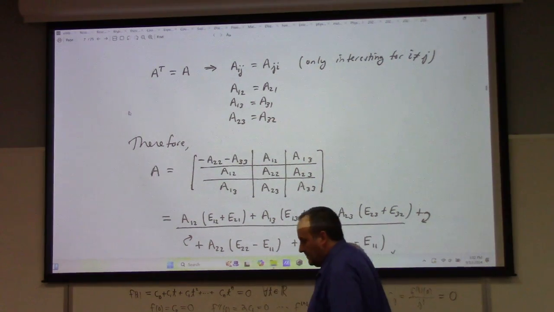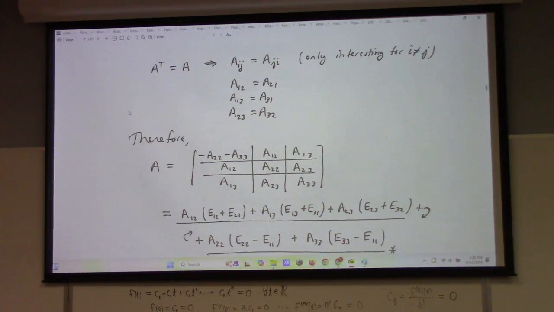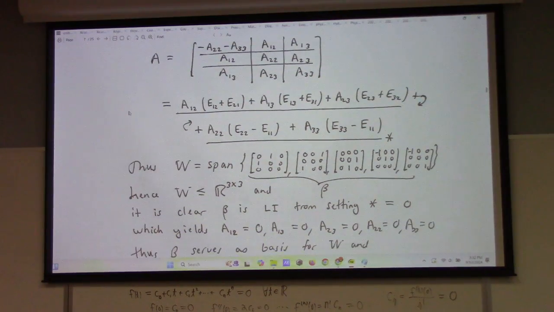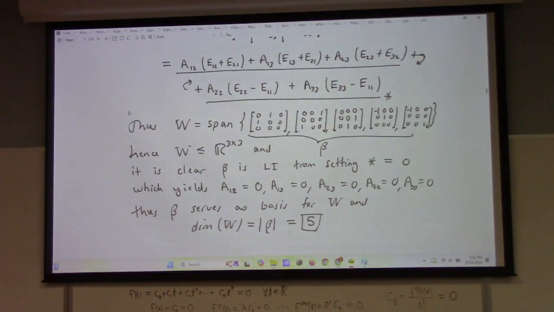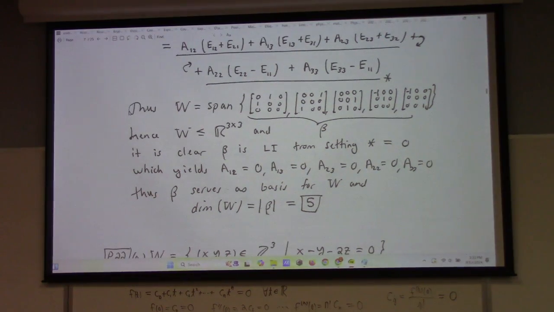It's all there. You just have to argue it. As I do down here, I said it's clear. It's a proof. But it really is clear from the calculation, yeah? No joking. And the dimension is 5. Why? Because there are 5 things.